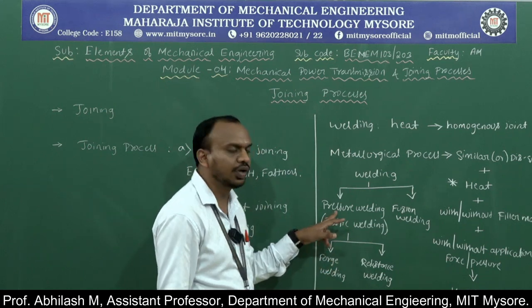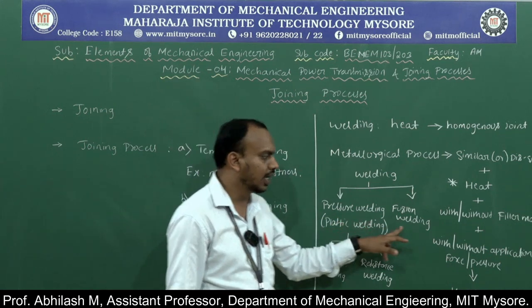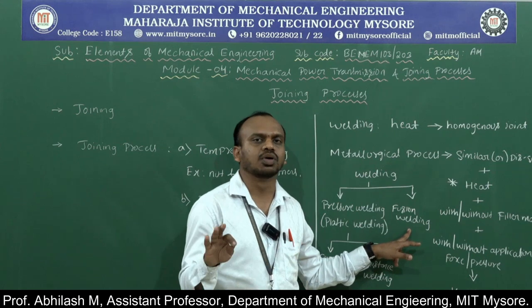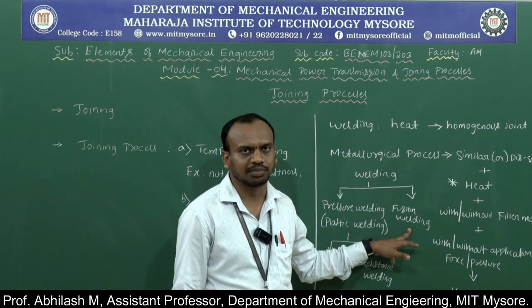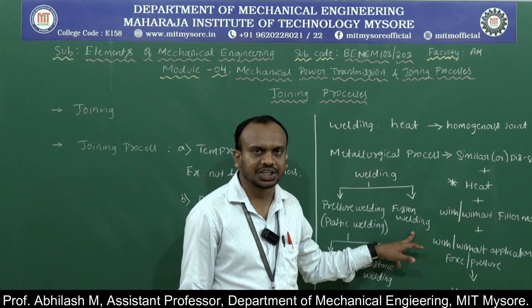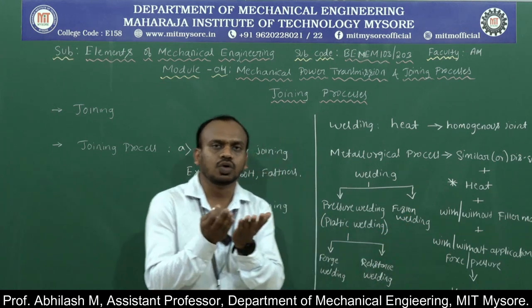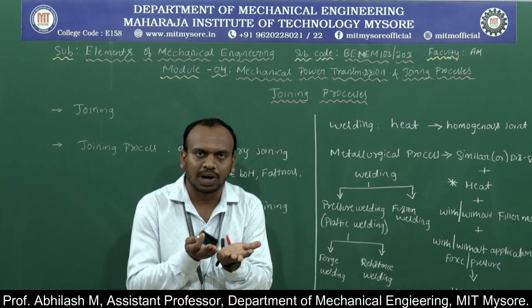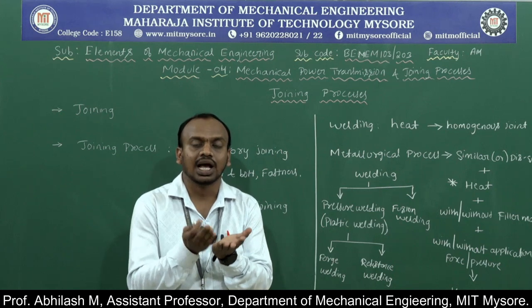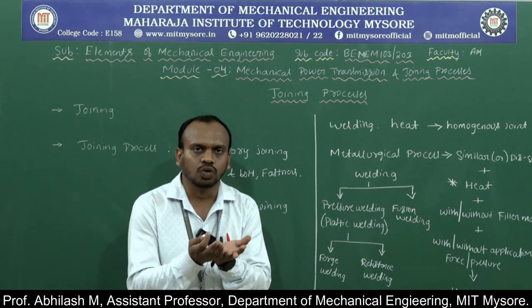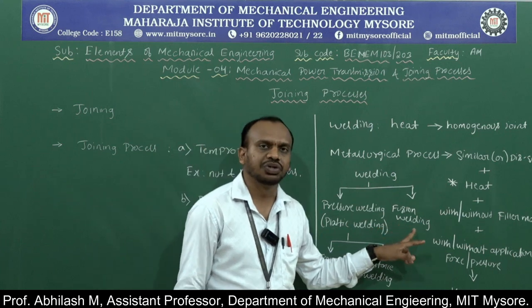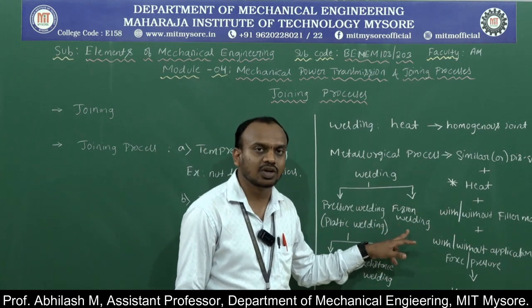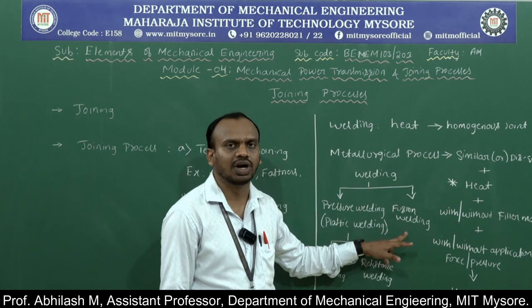So here, in pressure welding, we heat up to the plastic state, but in fusion welding we heat completely up to the molten state of both base metals, and then with the help of additional filler material I allow the filler to pass through the gap that we have created, and when you allow them to cool you obtain a homogeneous joint. So this is called fusion welding.